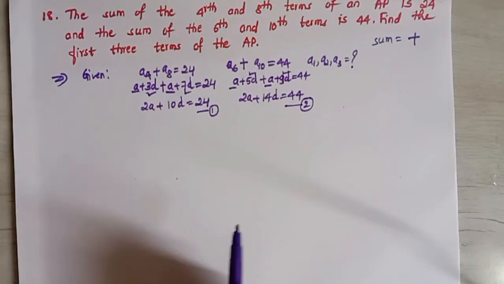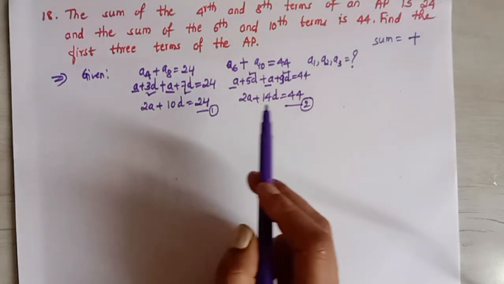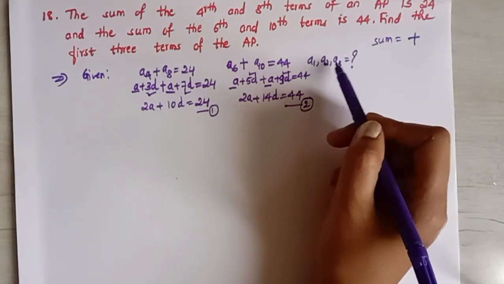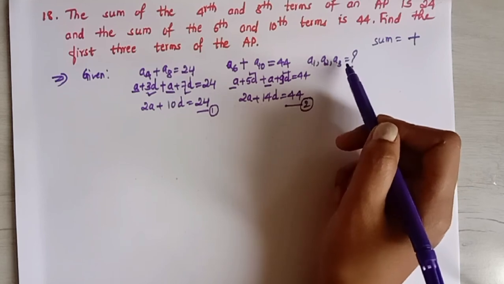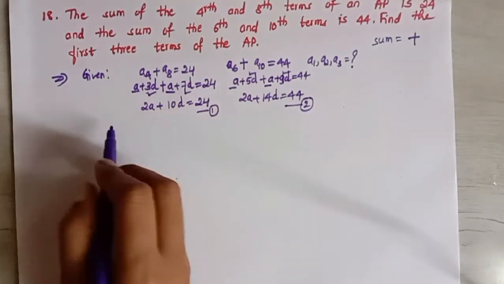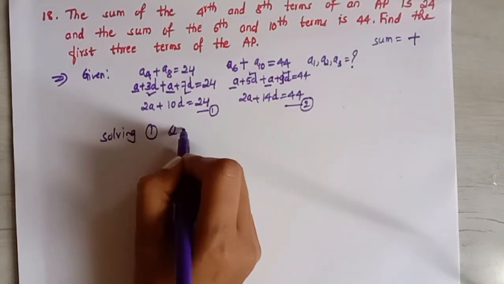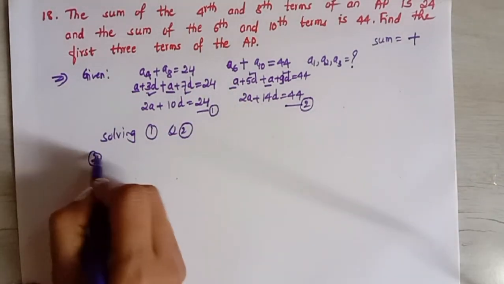So here we got two equations. From these two equations, we can get the A and D values, because we have to find A2 and A3. So for A2 and A3, we need A and D. Therefore, we have to solve these two equations by elimination method. So let us take equation 2 minus equation 1.